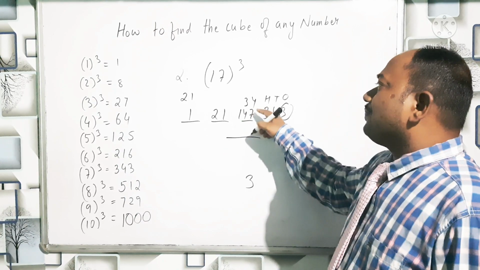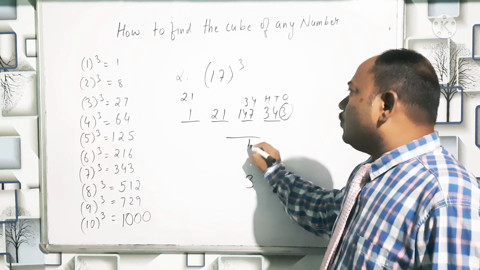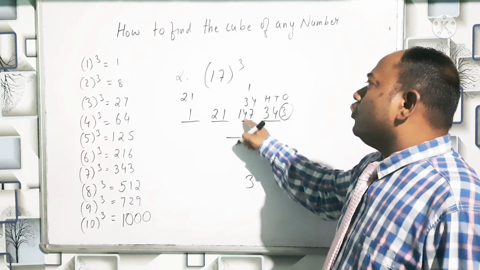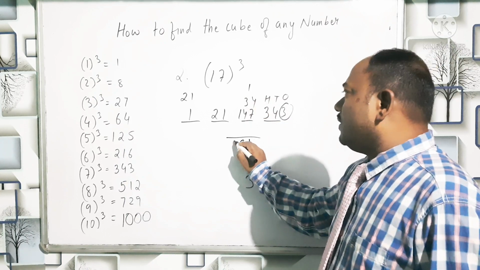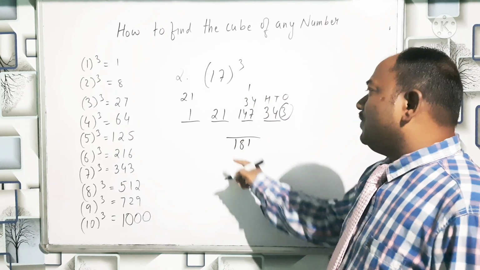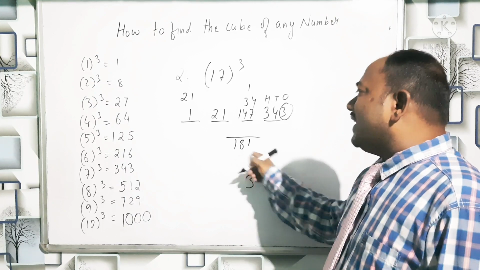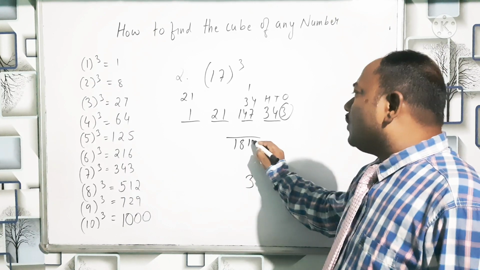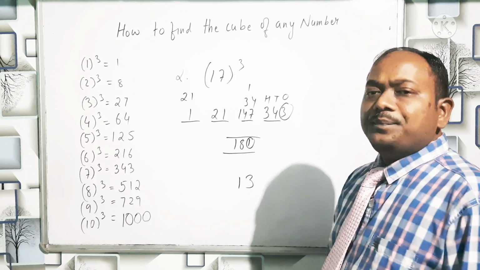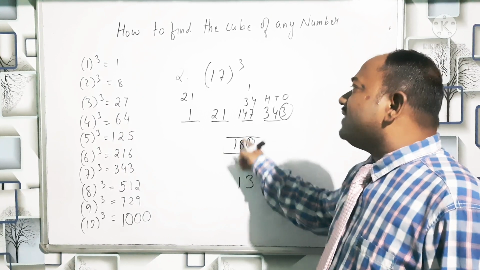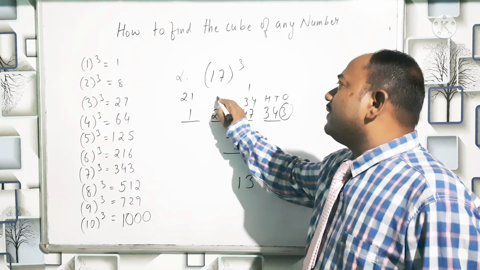Now add it. 7 plus 4, 11, 1 carry 1, 4 plus 3, 7 plus 1, 8 and 1. So we have 181. So from 181, we'll consider 1 from the ones place. Right here 1 and 18 will be carried toward 21.